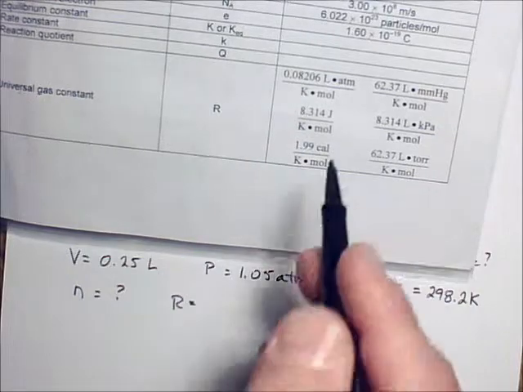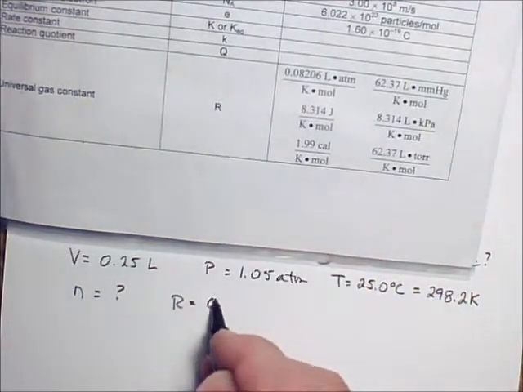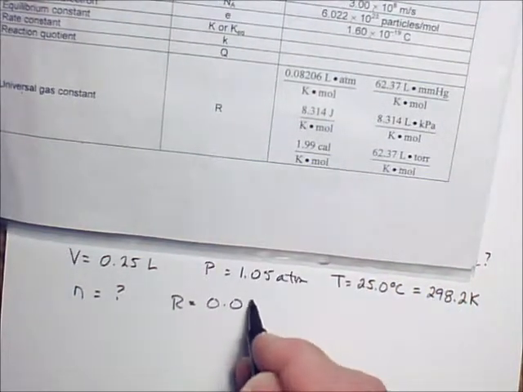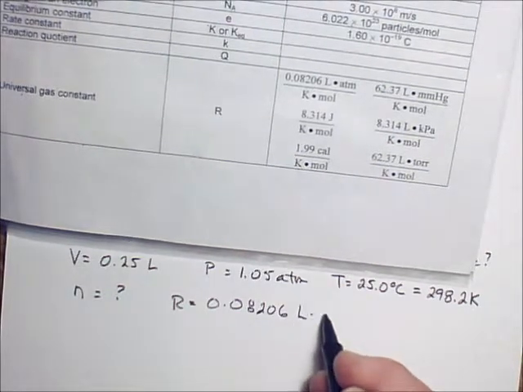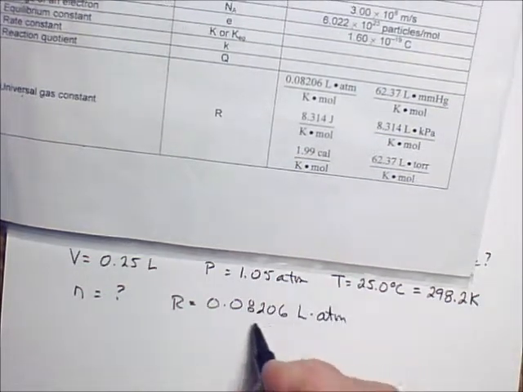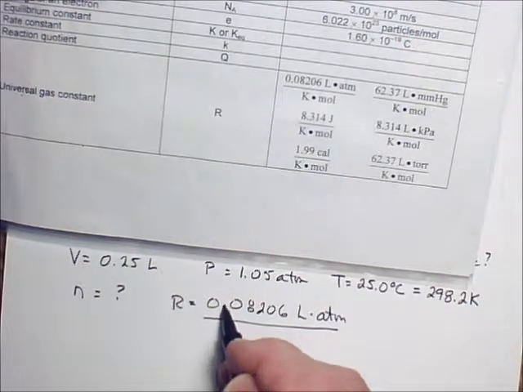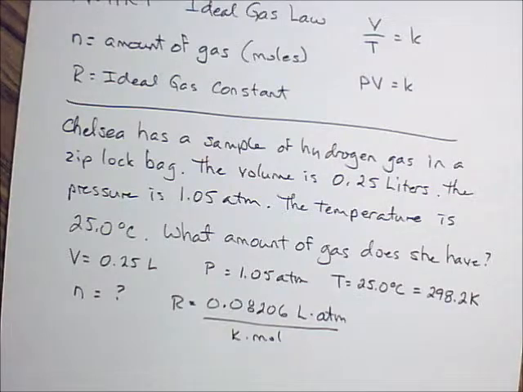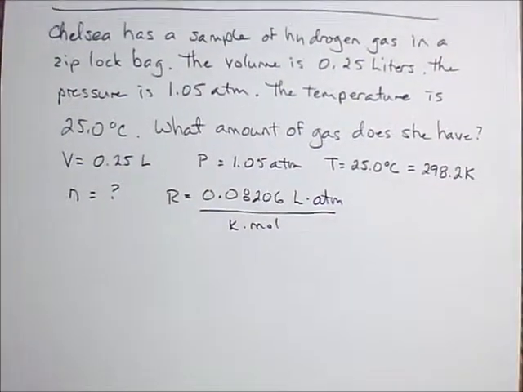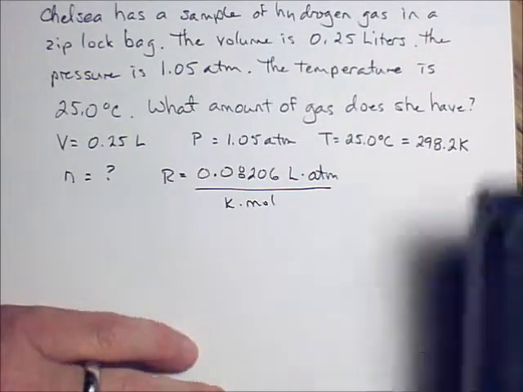So we need that version of R. We'll write it out here: 0.08206 liters times atmospheres over Kelvin times moles. All right, now we're ready to start the problem solution process.